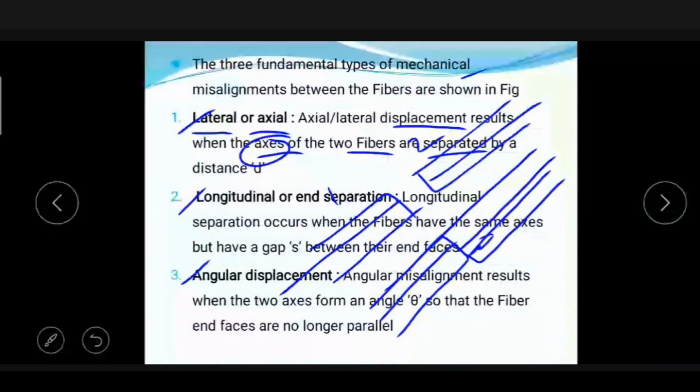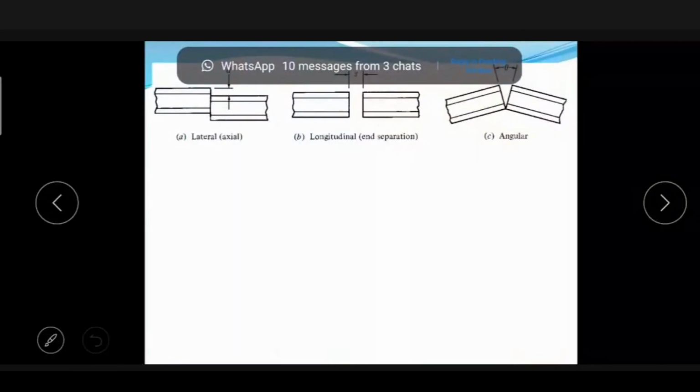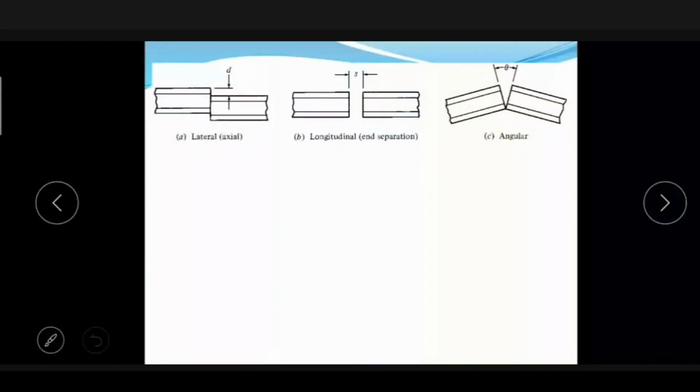This is the axis, this may not be the axis. Like this. These two are separated by a distance d. See the diagram. The two axes are separated by distance d. First fiber, second fiber.